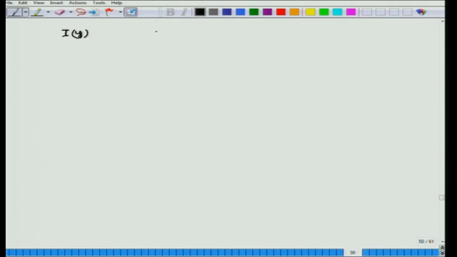If we consider y plus delta y, then delta I will be given by I of y plus delta y minus I of y. So, how do we define this? That is what is to be seen. What is this delta y here?